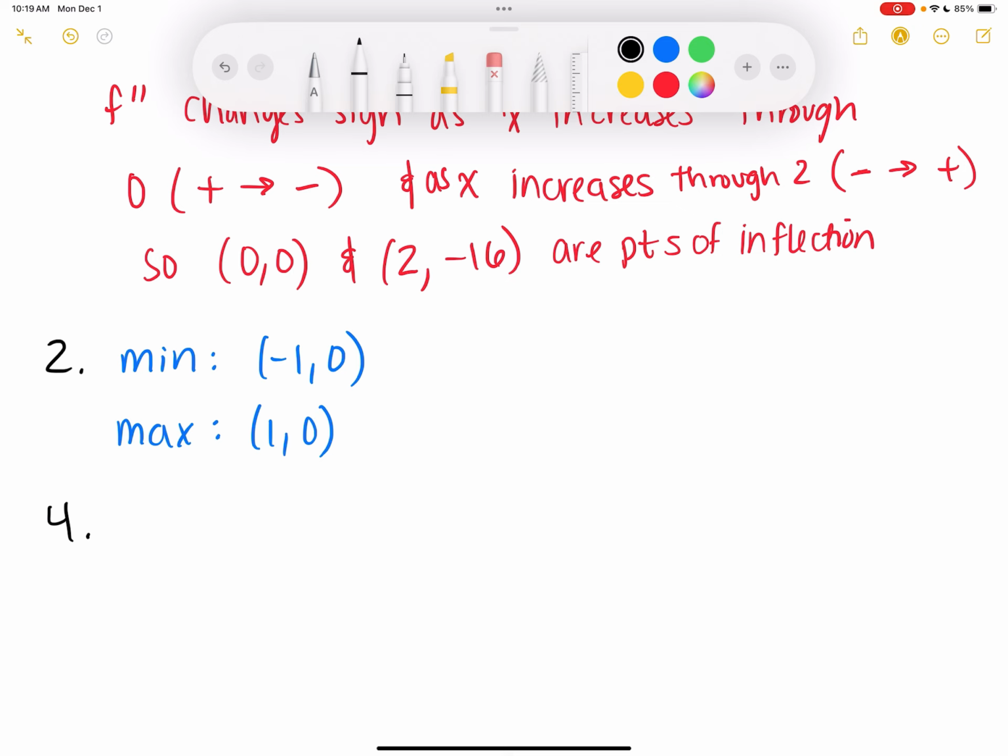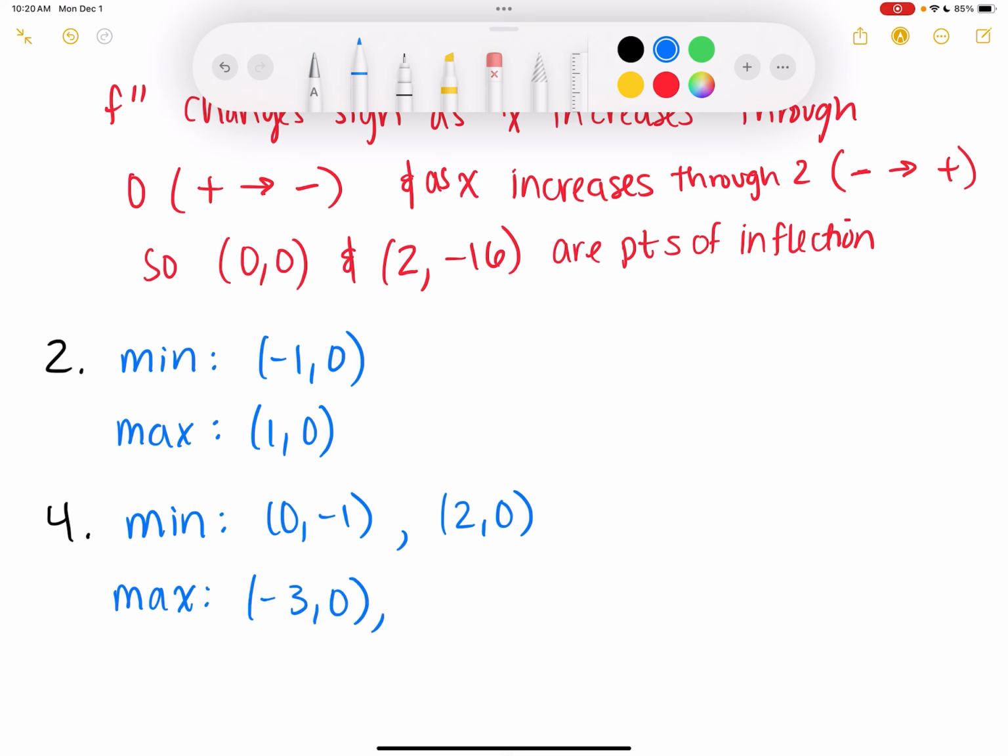And so our min values would be at 0, -1, and then the other part where it's coming down and it stops would be at 2, 0. And then our max values are where it's at its highest point, or where it's turning around, and so that would be at -3, 0 and at 1, 2.